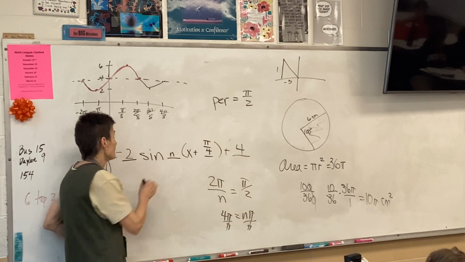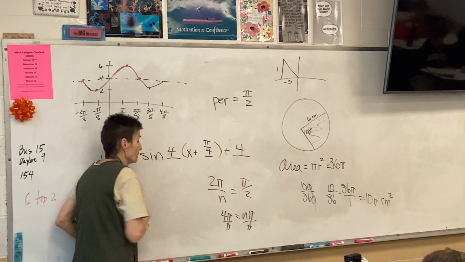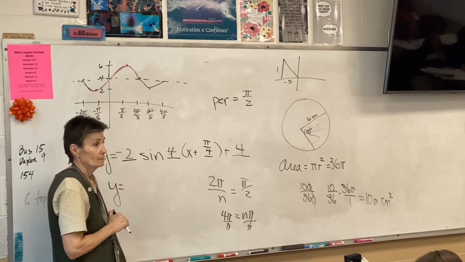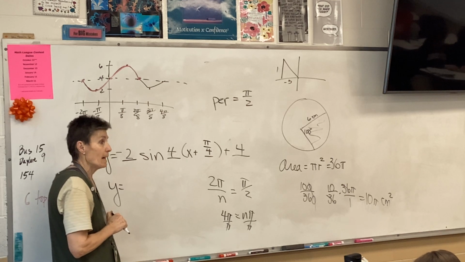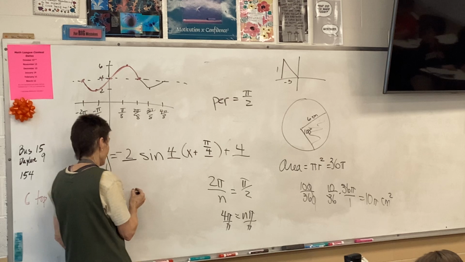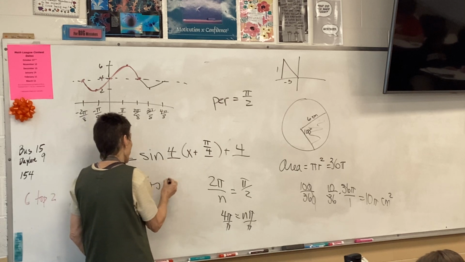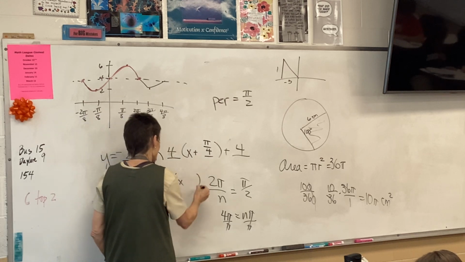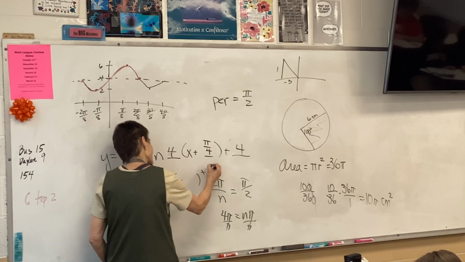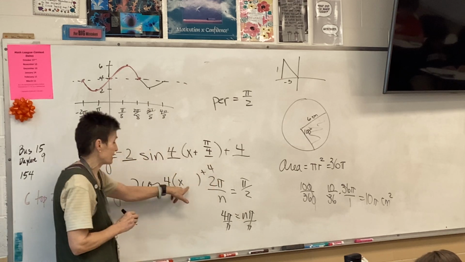So that number right there is a 4. Now, we have to do a cosine. The good news about the cosine is everything is going to stay the same except that.